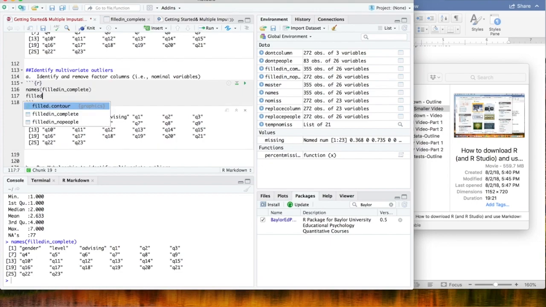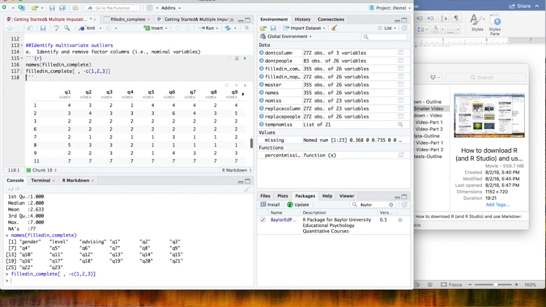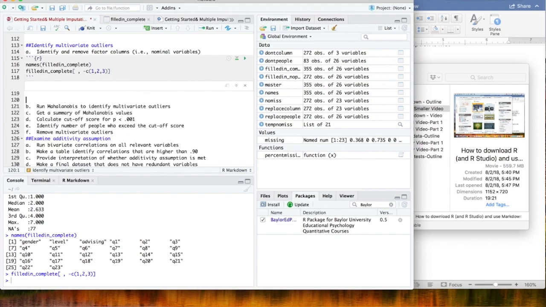And let's remove basically the first 3 columns. The blank space means retain all rows, minus the columns 1, 2, and 3. And you have a preview there that we removed columns 1, 2, and 3.